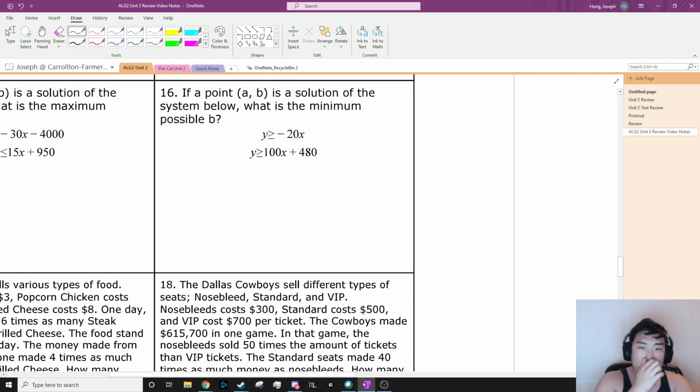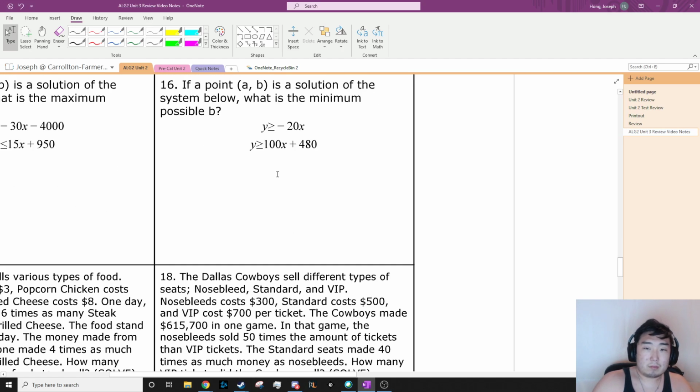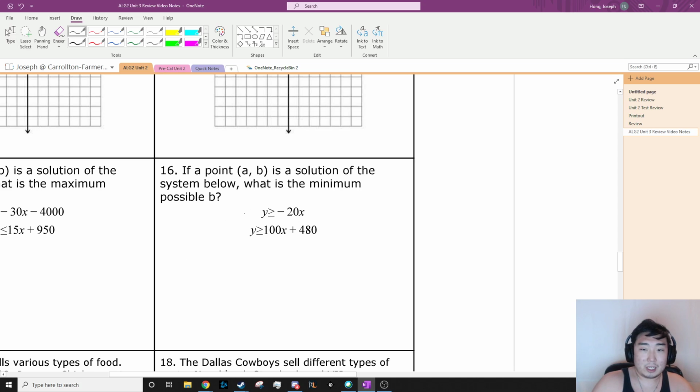So you see how both these things are set equal to y? Really what I can do is say that negative 20x is equal to 100x plus 480.